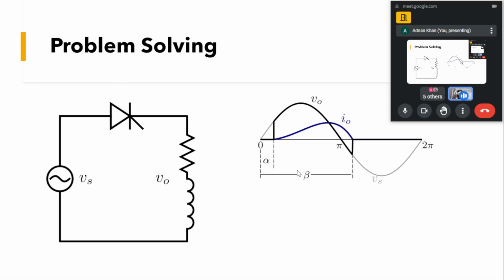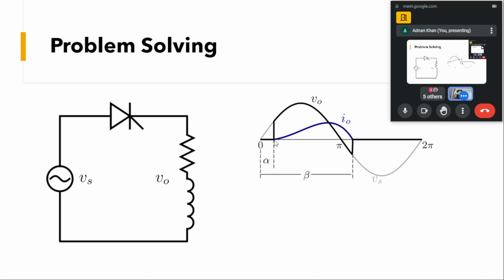So beta is the angle at which this current will stop. So you can see that our device is conducting for a period of beta minus alpha, because it started conducting at alpha and stopped at beta.